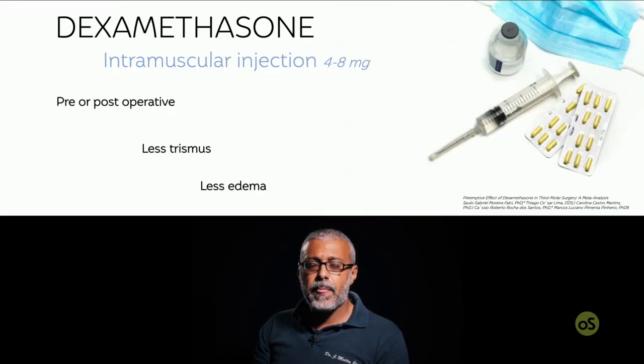One last aspect, I usually perform an intramuscular injection of dexamethasone 4 milligrams as suggested in literature. I used to do it at the end of my surgery, but now, as demonstrated in literature, I start doing this injection before the surgery, and this has demonstrated having less complications, less swelling, less trismus, less edema for the patient.